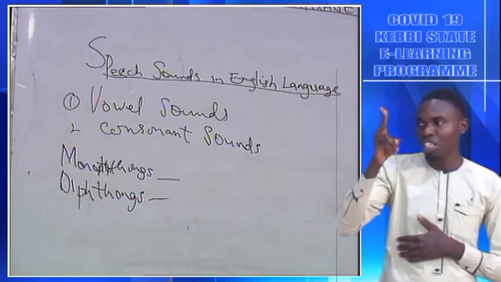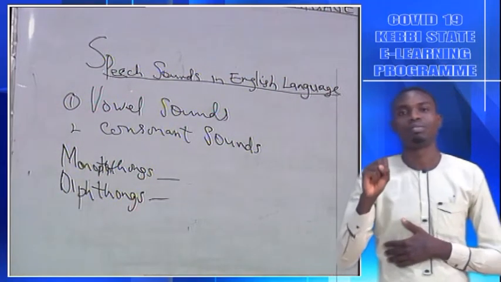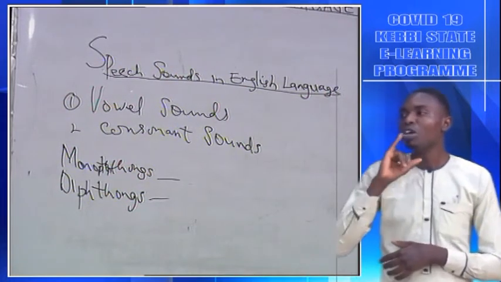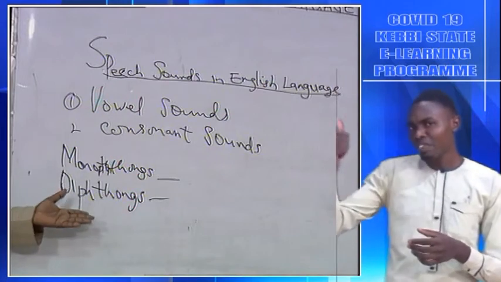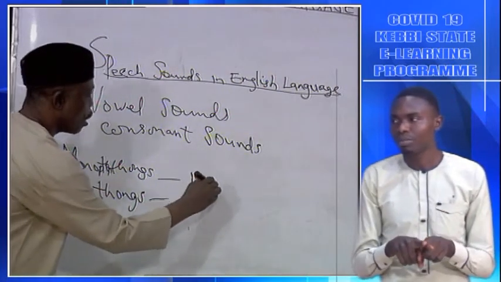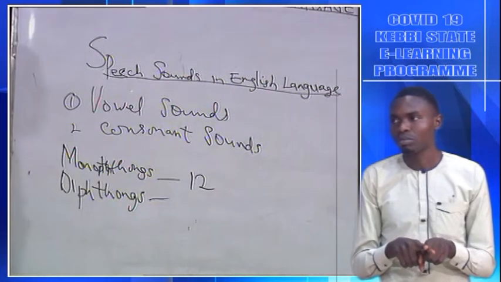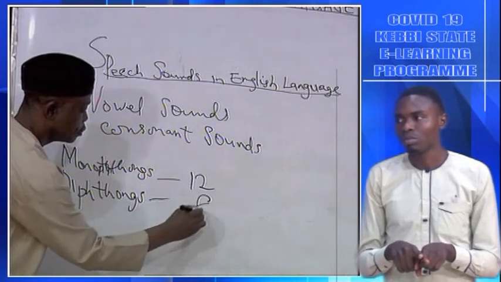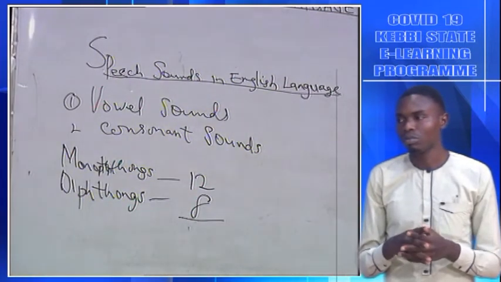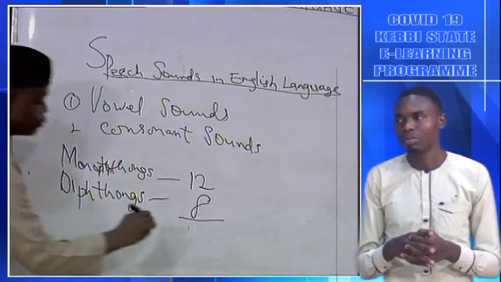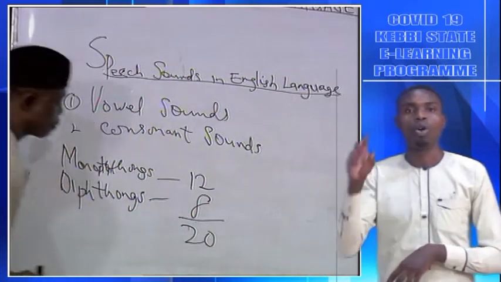The monotones are regarded as the original vowel sounds because the manipulation or the reproduction of monotones give back the diphthongs. In all, we have 12 monotones and 8 diphthongs. What is the total number of vowels we have? Yes, 20 vowel sounds.